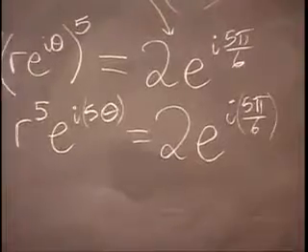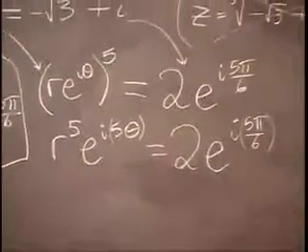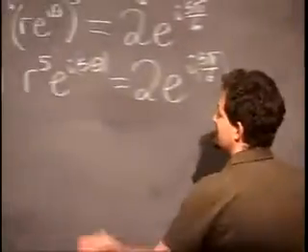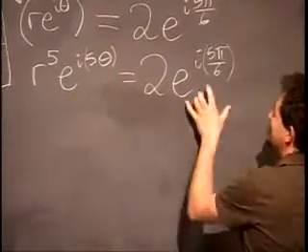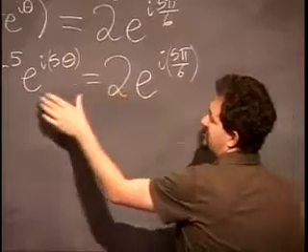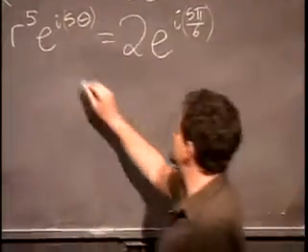Is everything clear so far? That makes some sort of sense, right? We've just converted the original equation into polar form on both sides and expanded. Now here comes the nice thing. If I take modulus of both sides, e to the i anything has absolute value, modulus, 1. So on both sides this goes away, and we can really separate this equation into two pieces.